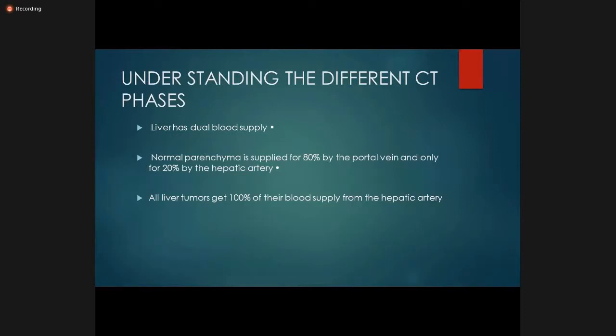So based upon the timing of the contrast appearing in the liver lesions, we can identify and classify different lesions. All the liver tumors get 100% of the blood supply from the hepatic artery. So we have to keep this in mind.